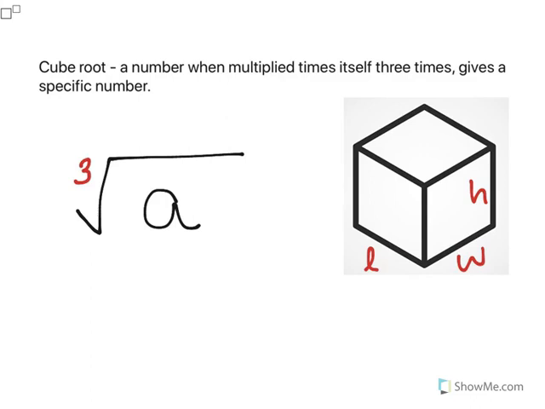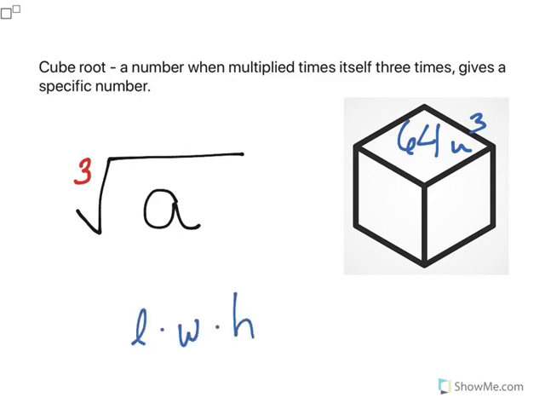So, for example, if I knew that my cube had a value of 64 units cubed, that would mean that the length times the width times the height had to equal 64. Those values had to be the same, so it's like saying side times side times side equals 64.